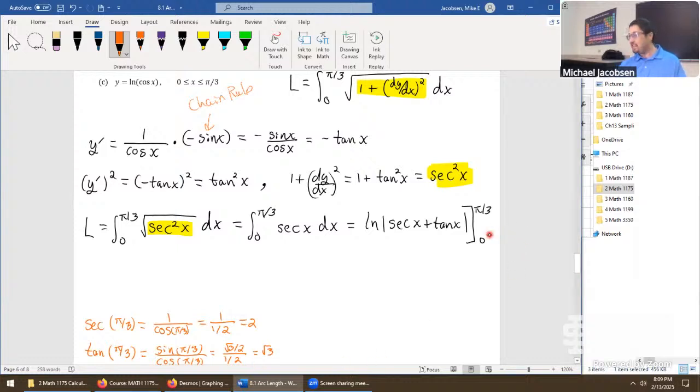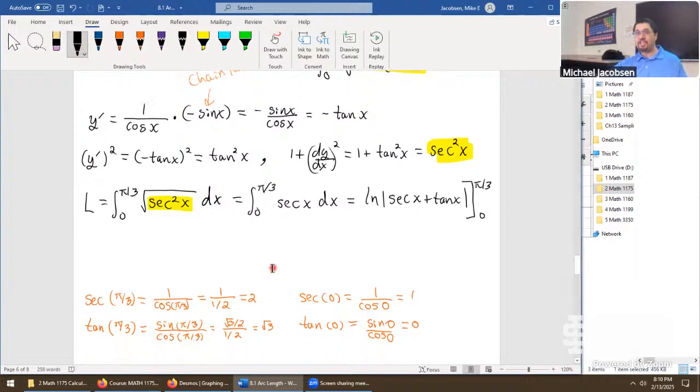Two more to go, almost there. Secant at 0. That's just 1 over cosine 0. Cosine 0 is 1, so we get 1 here. Finally, tangent 0. That's sine 0 over cosine 0. Cosine was 1 in the denominator, but sine is 0 in the numerator, so we just get 0 right here.